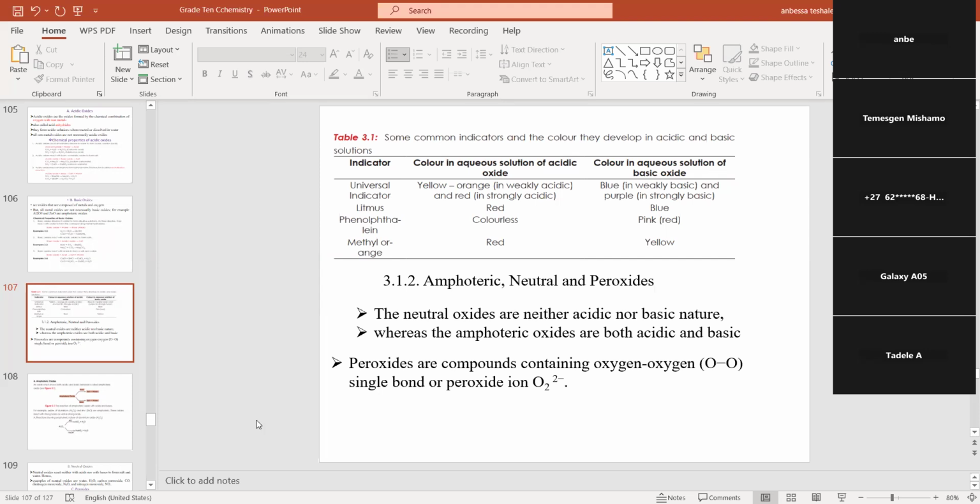The other thing is, if you insert universal indicator in basic oxide, it converts to the blue if the oxide is weak. If the oxide is strong, it converts to purple.